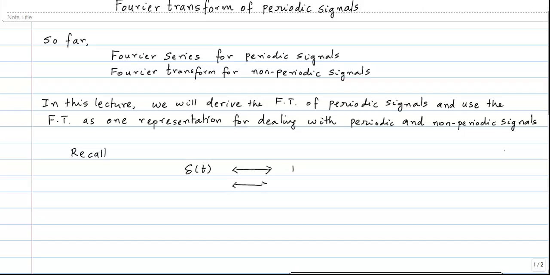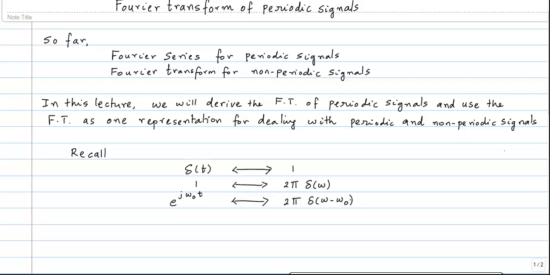And you may also recall that the Fourier transform of the signal which is 1 for all values of t is 2 pi times delta of omega. And another important result to recall is that the signal e to the j omega naught t has a Fourier transform which is 2 pi times delta of omega minus omega naught.